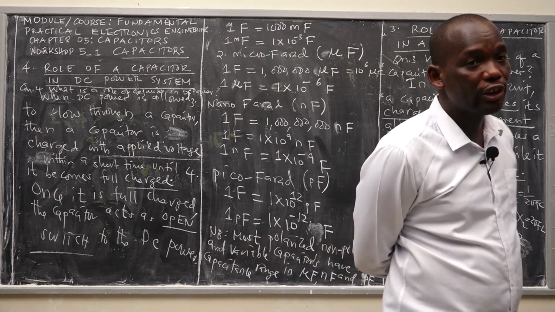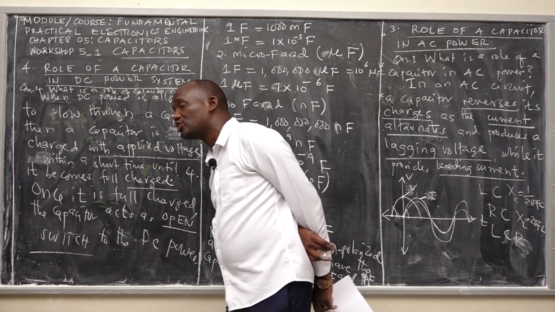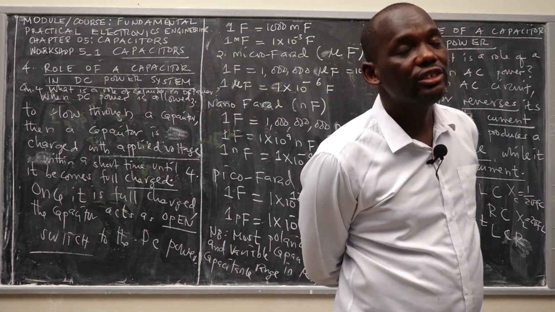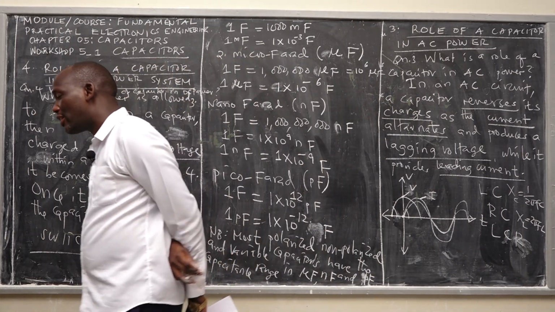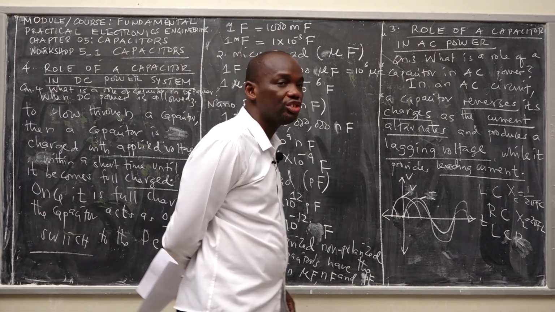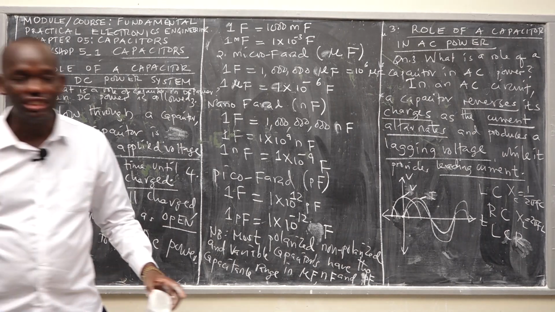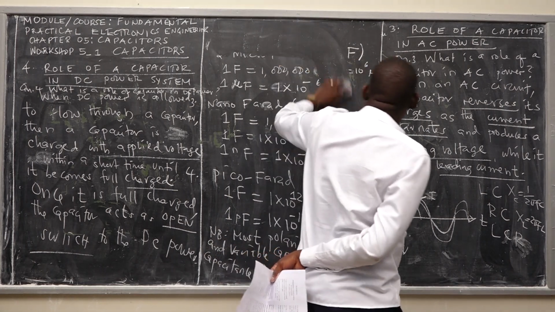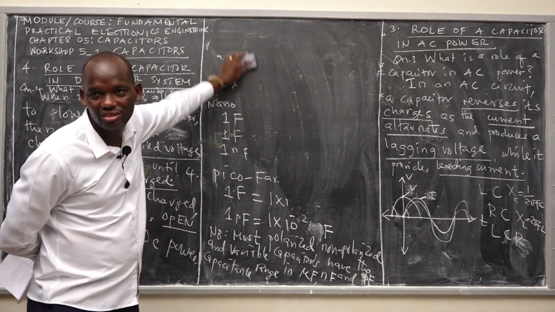So for instance, if the capacitor has a voltage rating of 16 volts, and then you charge that capacitor using an applied voltage of 10 volts, the capacitor will be charged until the potential difference across its terminals is equal to the 10 volts from the supply.